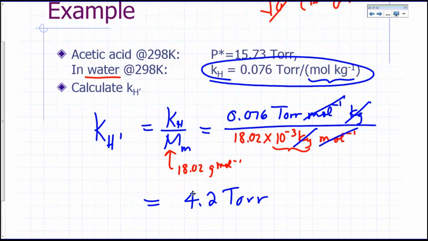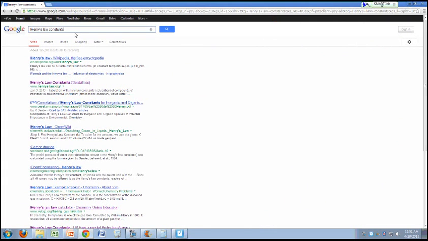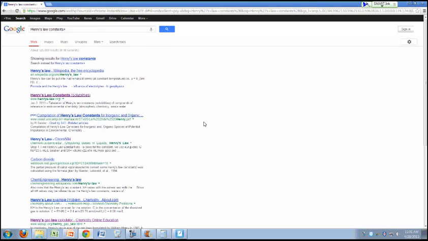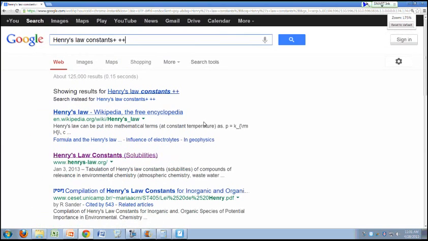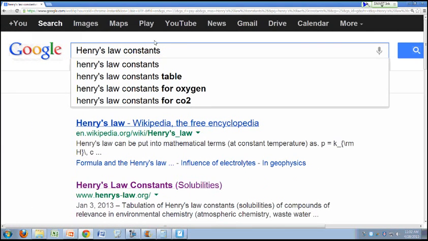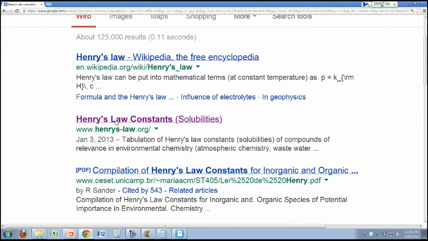Let me show you some websites where you can find Henry's law constants. Just do a Google search. So I just do a search for Henry's law constant in Google, and this is what you'll get. Here's one that takes you to henryslaw.org.